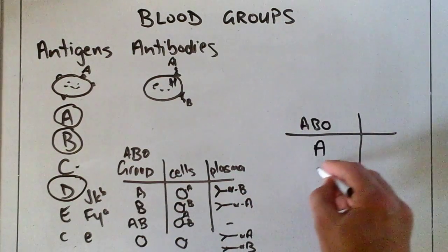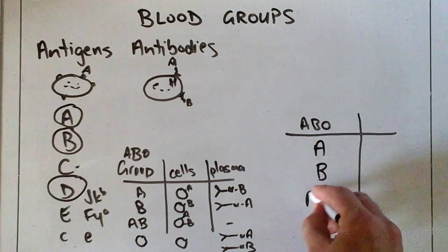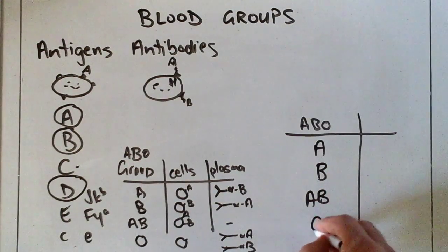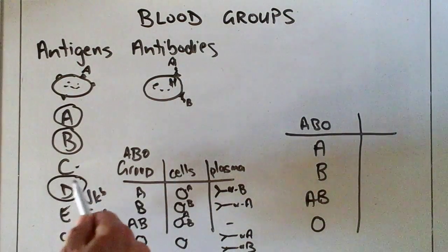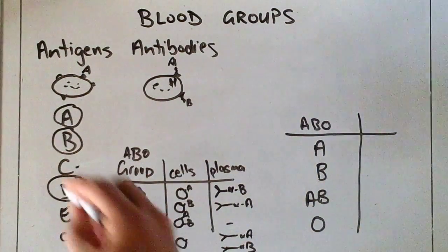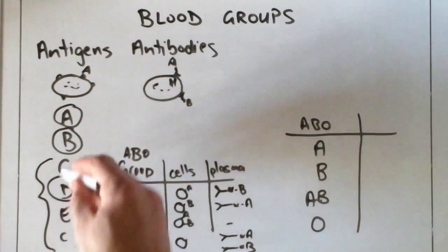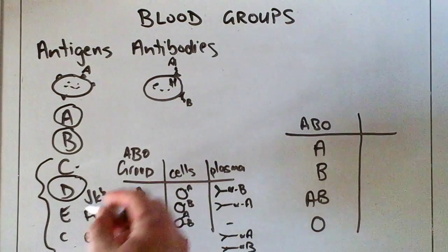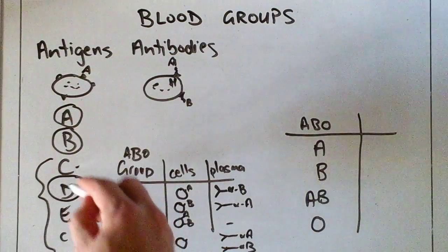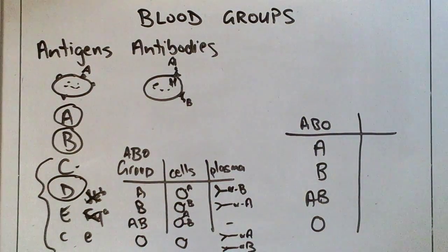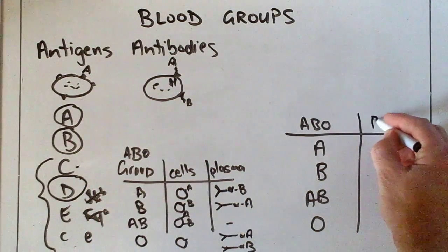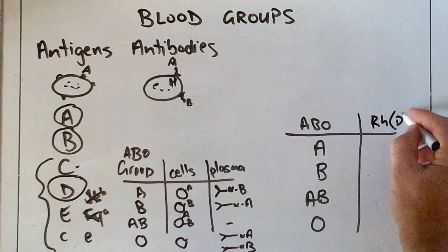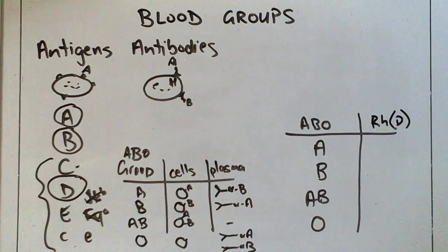We could be group A, group B, AB, or O. And in addition to that, we also talk about this group here called D. All these antigens here, C, D, E, and little c, little e, are part of a blood group system called the rhesus blood group. But this particular one, D, we might just call RHD. It's the D version of the rhesus blood group.